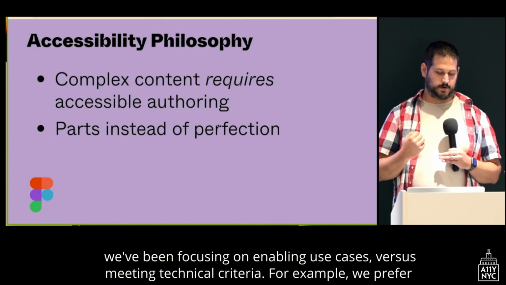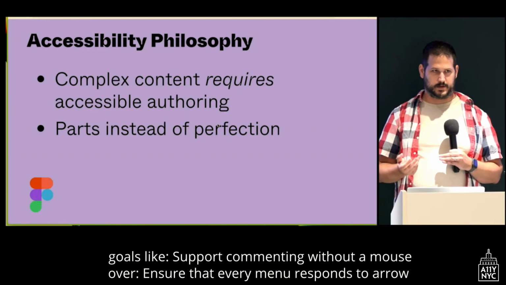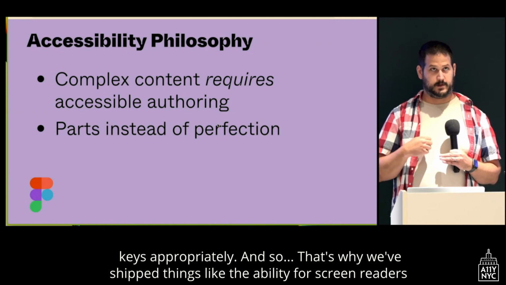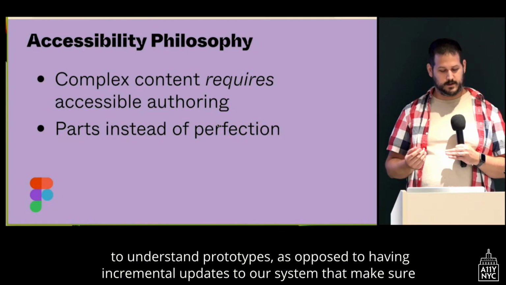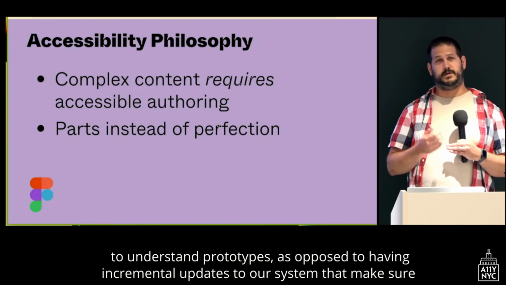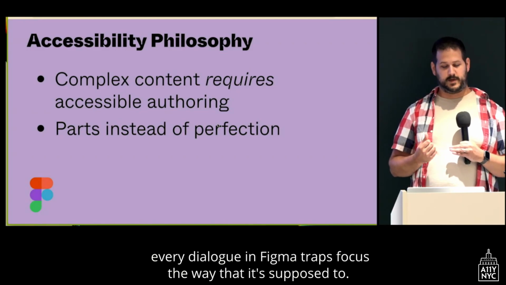For example, we preferred goals like support commenting without a mouse over ensure that every menu responds to arrow keys appropriately. And so that's why we've shipped things like the ability for screen readers to understand prototypes, as opposed to having incremental updates to our system that make sure every dialogue in Figma traps focus the way that it's supposed to.